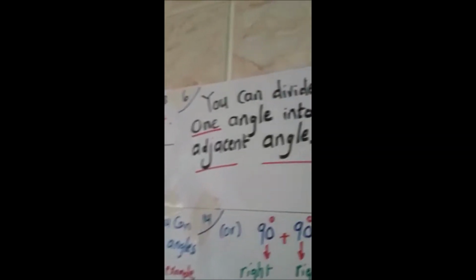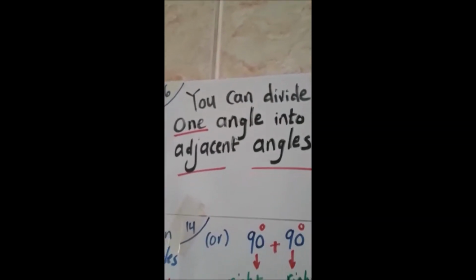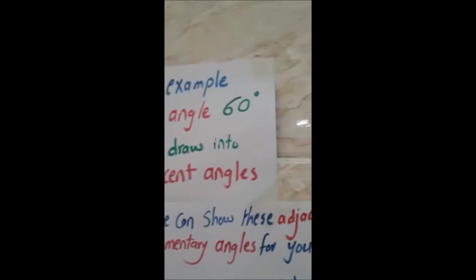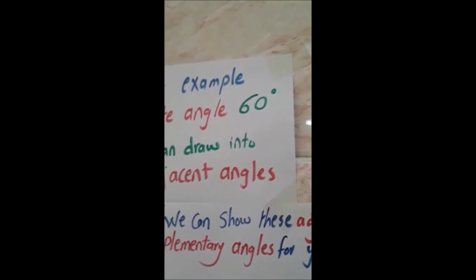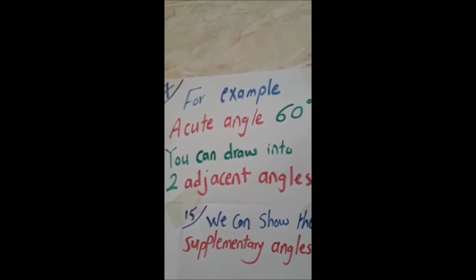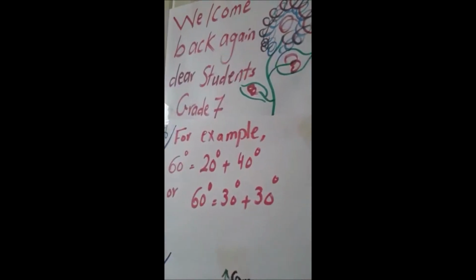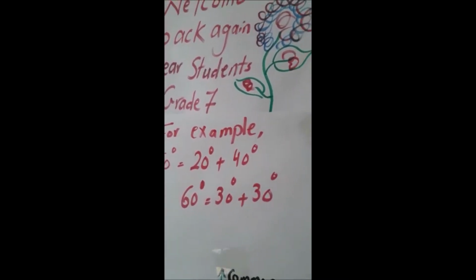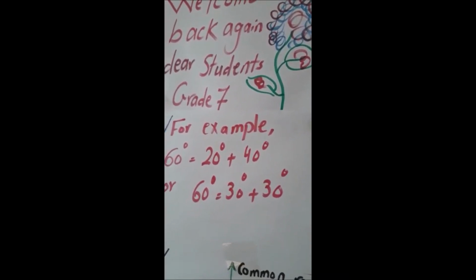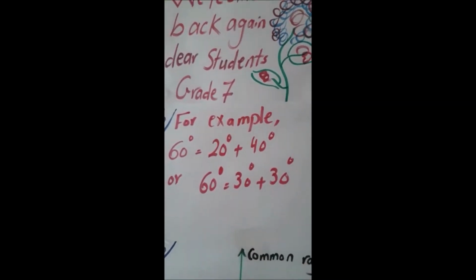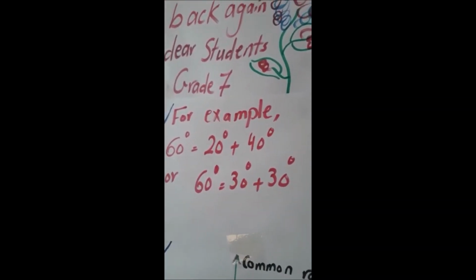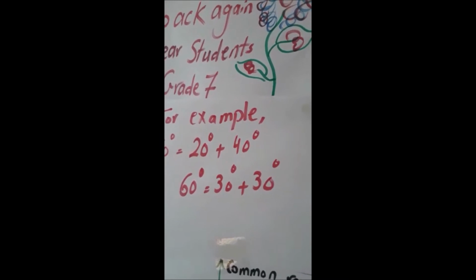So, for example, 60 is 20 plus 40, and both of them are acute angles, or 60 equals 30 plus 30. Again, it is two acute angles.